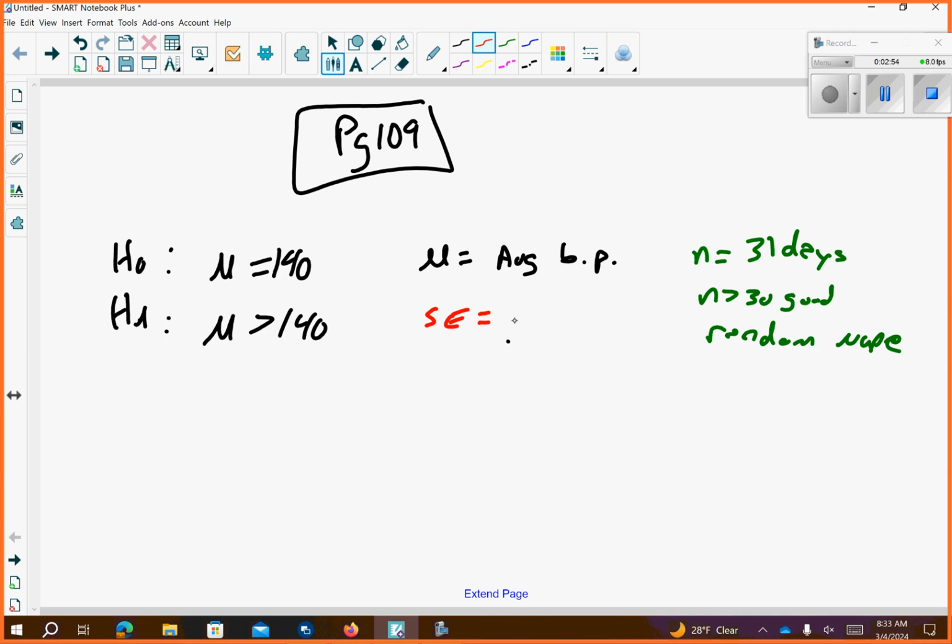I'm going to tell you that the standard deviation is 25. So for whatever reason, we skipped it. The standard error is going to be 25 over the square root of the sample size.